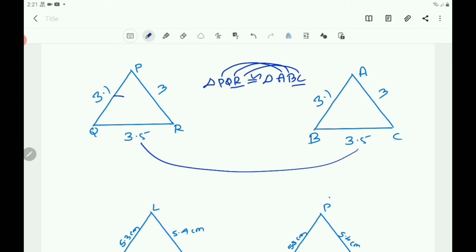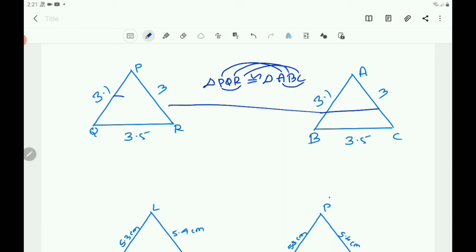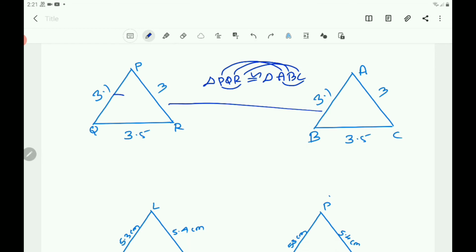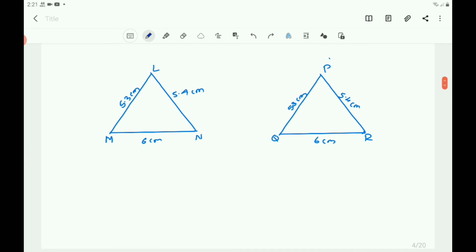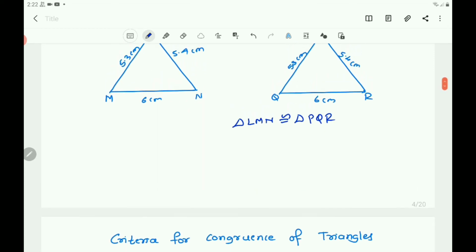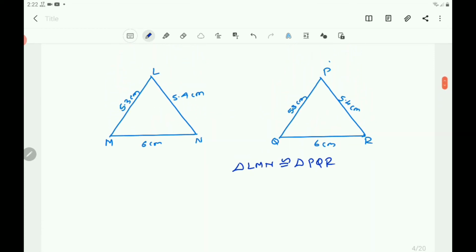See here, they are of the same measurement, and PR corresponds to AC. PR is equal to AC. They are the corresponding sides. In this way, you must write in the order. And also, triangle LMN is congruent to triangle PQR.